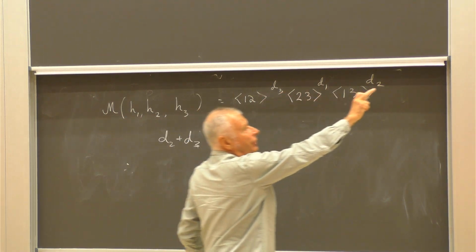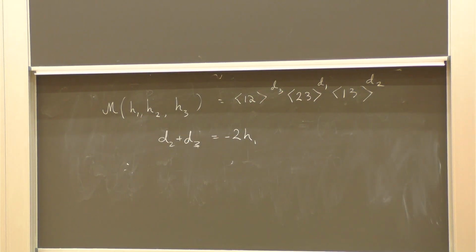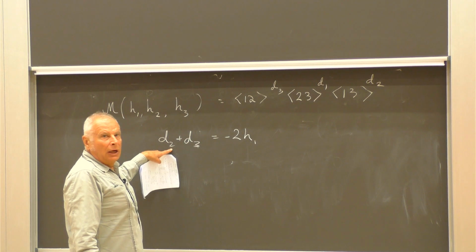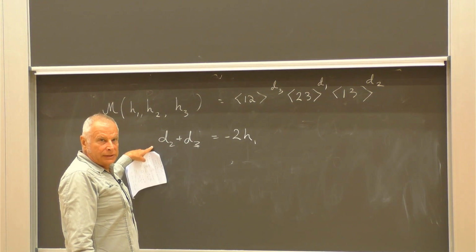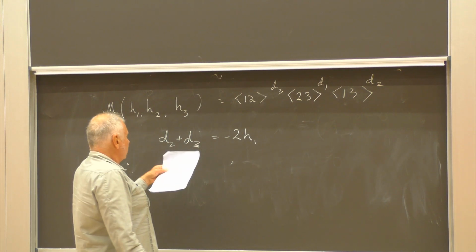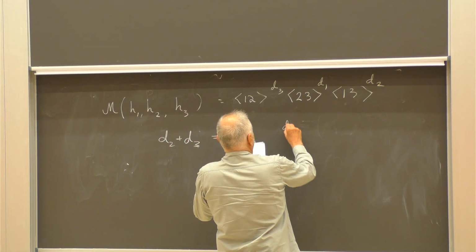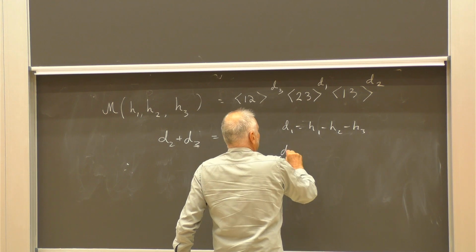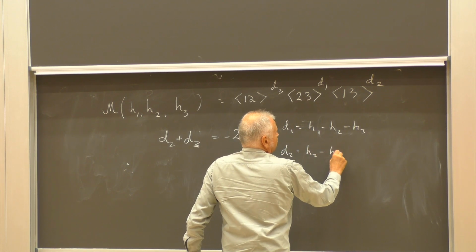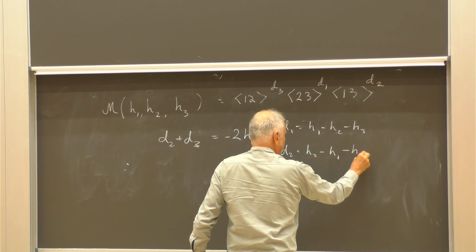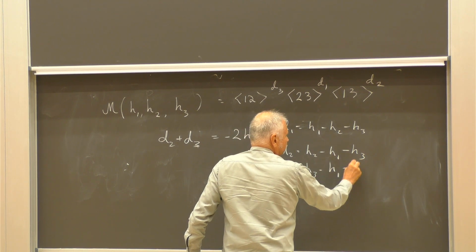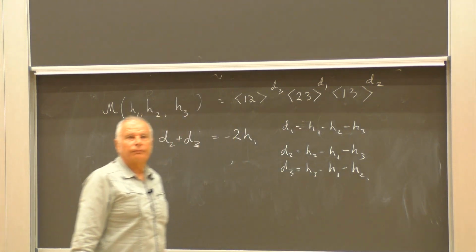Let's for the moment ignore the dimension constraint. You have 3 constraints of this type, which will fix the d's for each helicity. So you find at the end that d1 is h1 minus h2 minus h3, d2 is h2 minus h1 minus h3, and d3 is h3 minus h1 minus h2. So it's completely fixed.